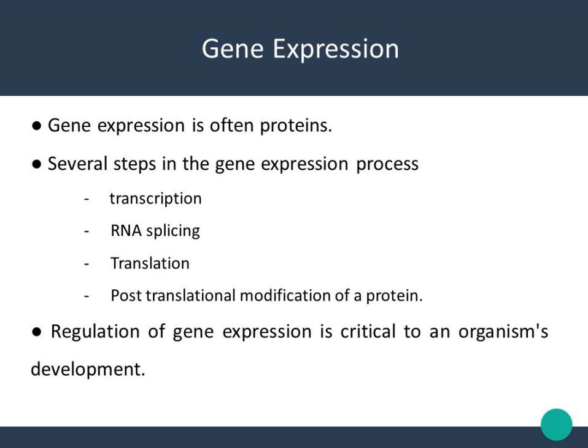Such phenotypes are often expressed by the synthesis of proteins that control the organism's shape or that act as enzymes catalyzing specific metabolic pathways characterizing the organism. Regulation of gene expression is thus critical to the organism's development.